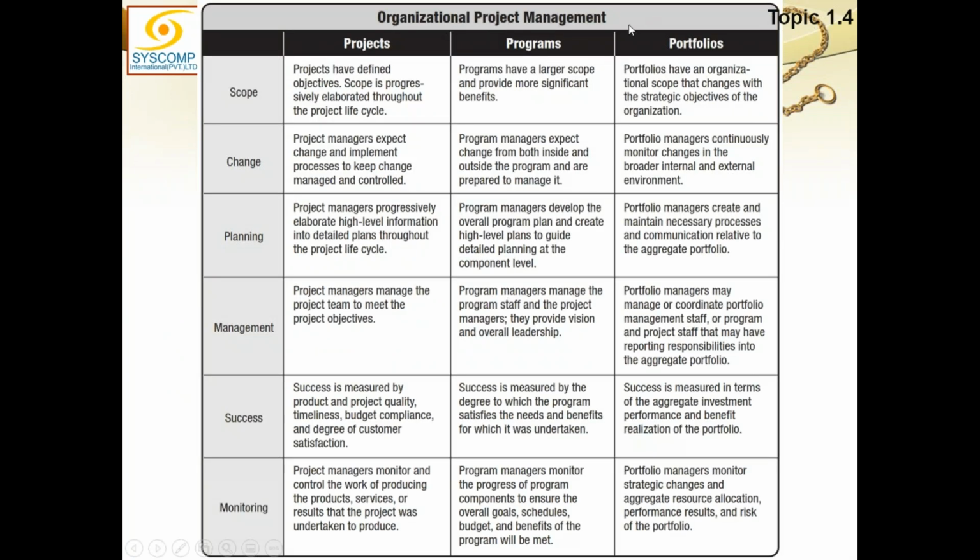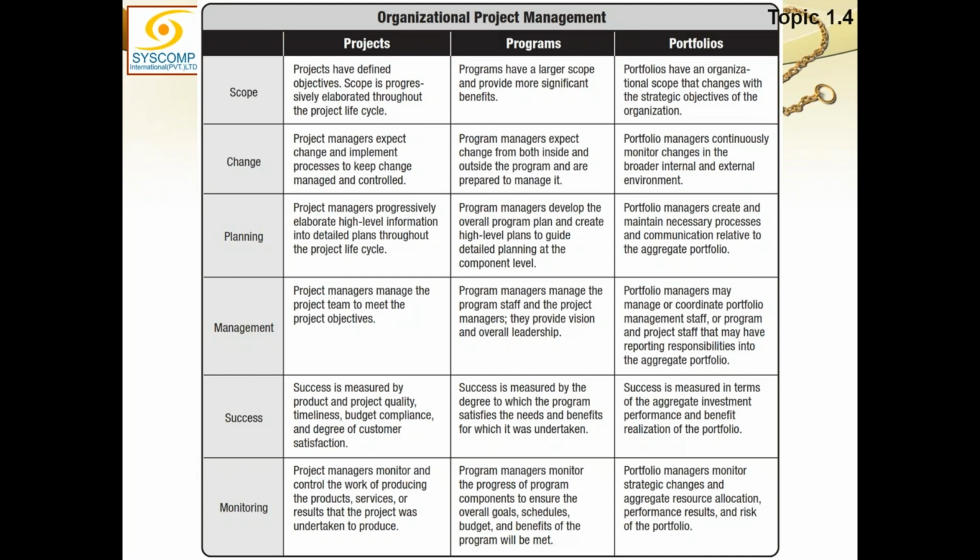In organizational project management, projects, programs, portfolios are viewed from the point of view of scope, change, planning, management, success, and monitoring. And I think you have seen this diagram in PMBOK also, and this clearly defines the differences between these three areas: project, programs, and portfolios.